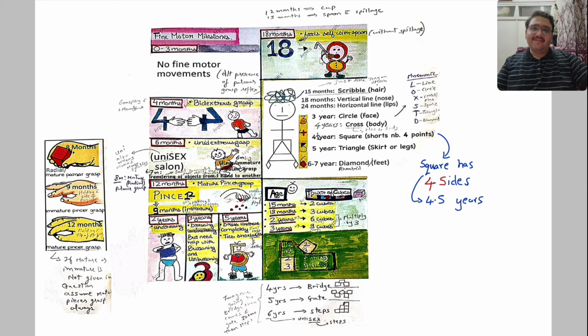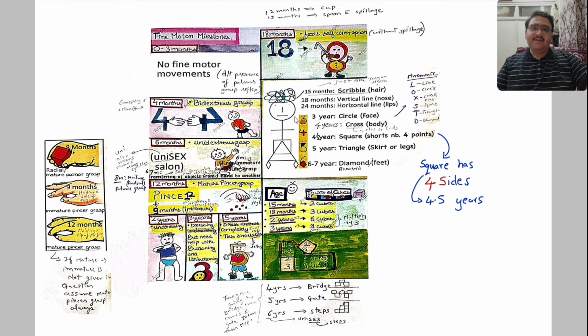Coming to the drawing, you can remember either by the drawing by this picture or by a mnemonic. Coming to the picture, at 15 months, child scribbles. So the hair represents that scribbling. 15 months scribble. Then at 18 months, child can draw a vertical line represented by the nose.